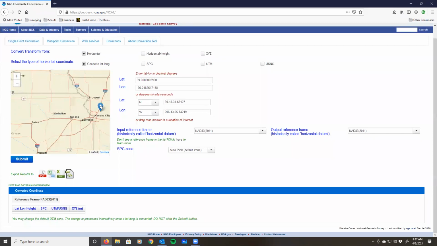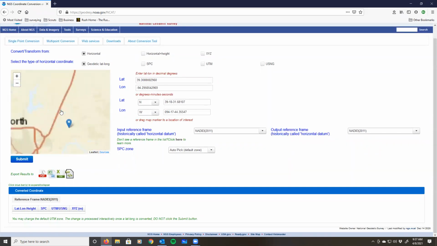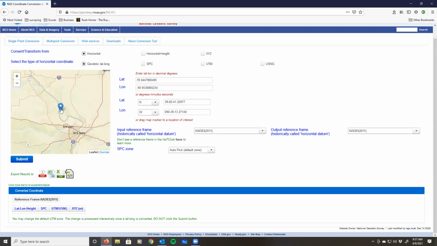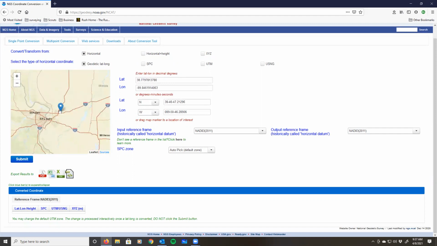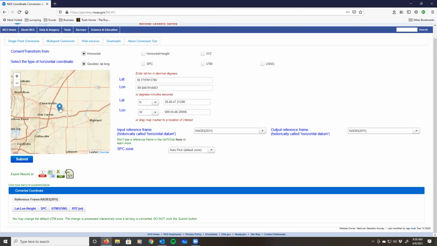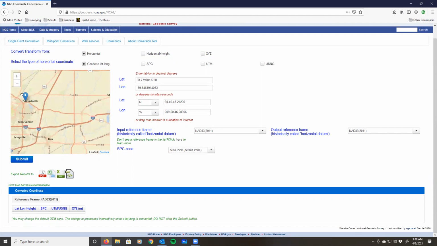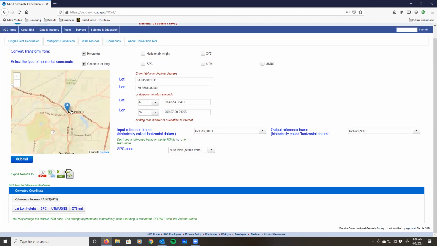But if you move this around, and then let's see here. Oh, wait a minute. I think, yeah, there's Kansas City. Move it east until you get to St. Louis. So say, for instance, that you want to know what the scale factor is here in Edwardsville.